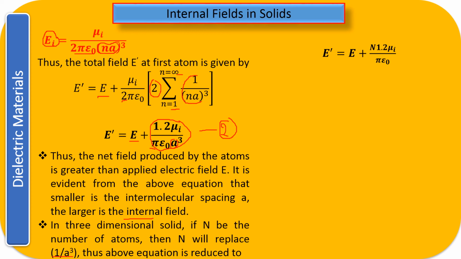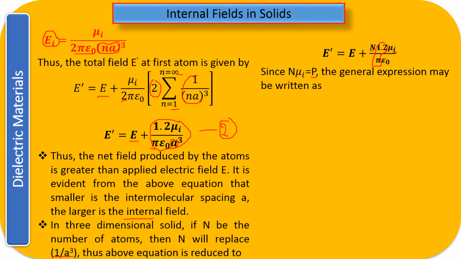Now 1.2 upon pi, that you can see over here, is another constant, right? What is left out is your n and mu I. N mu I is called the polarization, you have already seen.